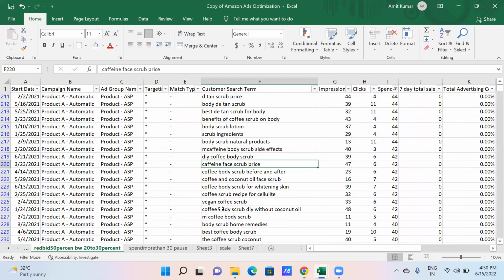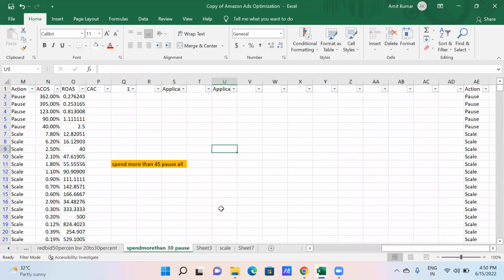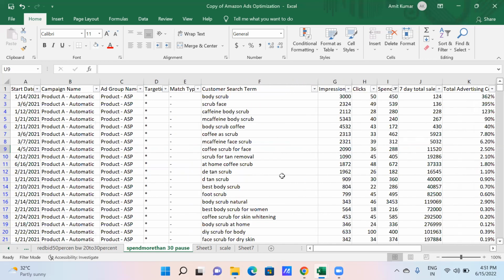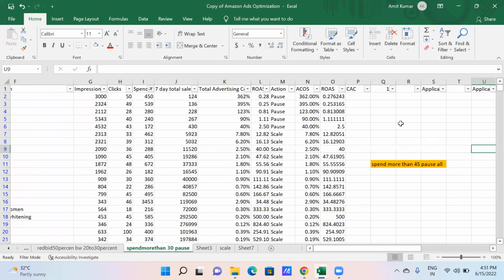So anything which is more than 45, we need to pause all those campaigns. Ad spend exceeding 30% of CAC is not recommended. Since we take 150 as our CAC, 30% of 150 is 45. So anything more than 45 in terms of ad spend is not a good sign, and we need to stop those.